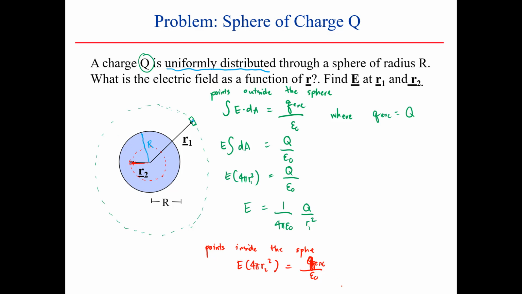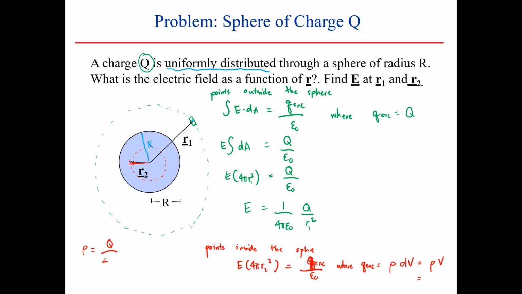So, your Q enclosed is equal to rho times dV, or rho times V. So, we define here a volume charge distribution, or volume charge density, which is equal to rho. By definition, rho is equal to the total charge divided by the total volume.